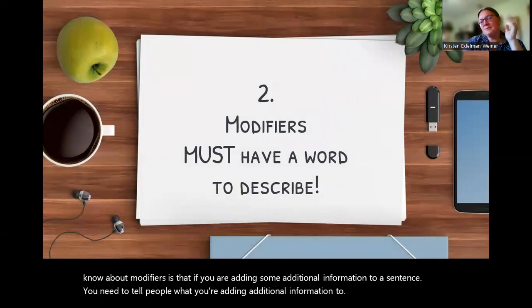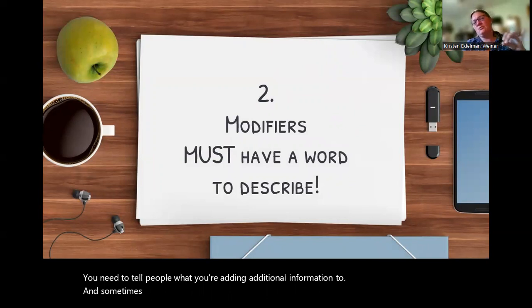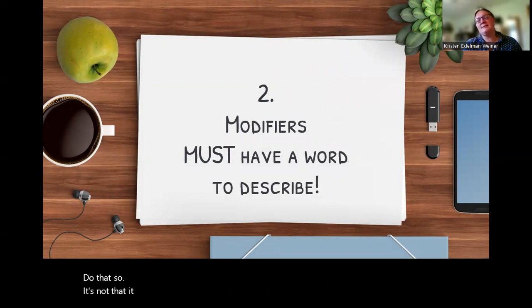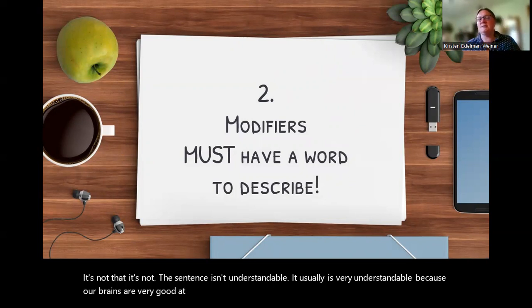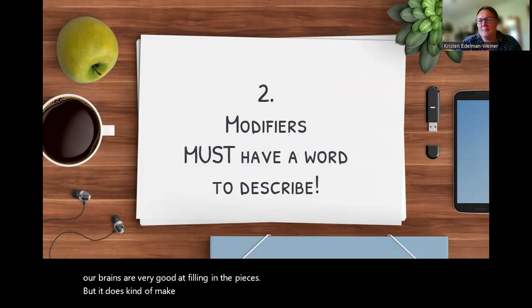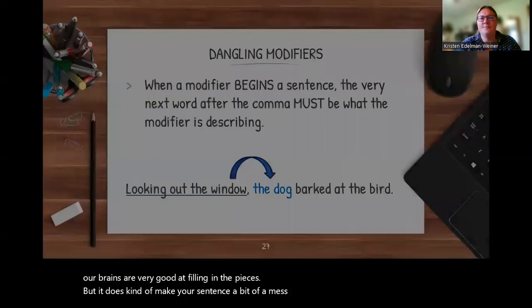And sometimes writers forget to do that. So it's not that the sentence isn't understandable. It usually is very understandable because our brains are very good at filling in the pieces. But it does kind of make your sentence a bit of a mess. Let's take a look.